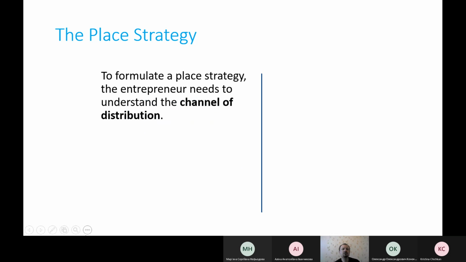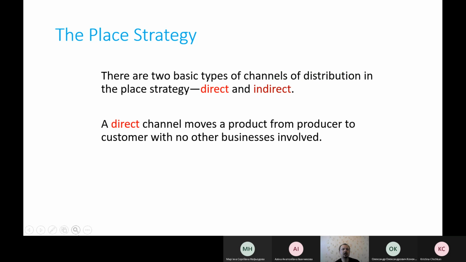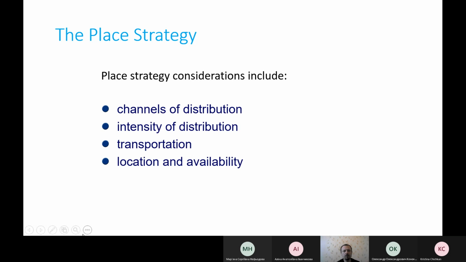And also you have to analyze generally the strategy of distribution. It means that all this is somehow interconnected.